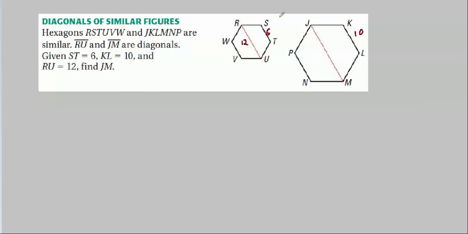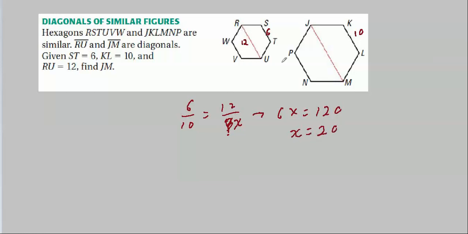Well, the ratio of this diagonal to this diagonal is the same as the ratio of this side to this side. So we just have to write that 6 over 10 equals 12 over x. Makes more sense. 6x equals 120, or x equals 20.